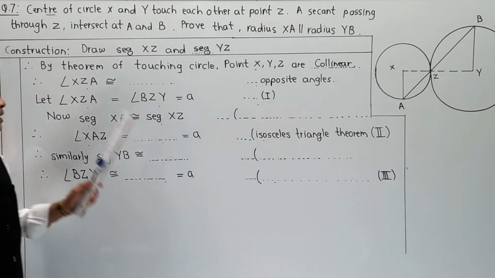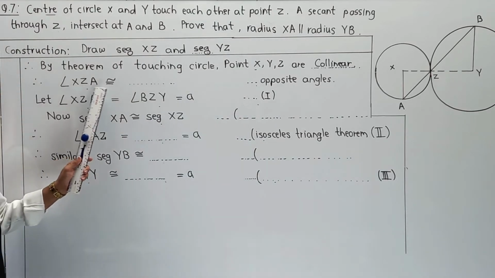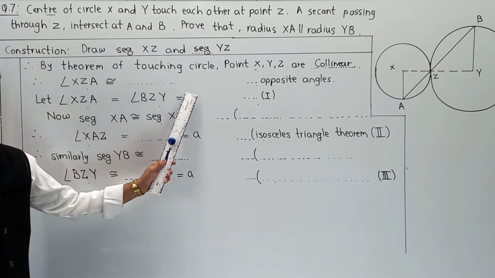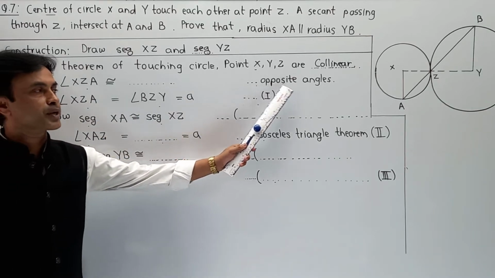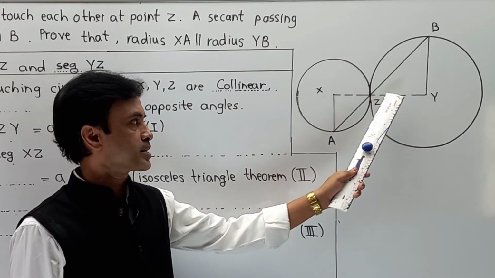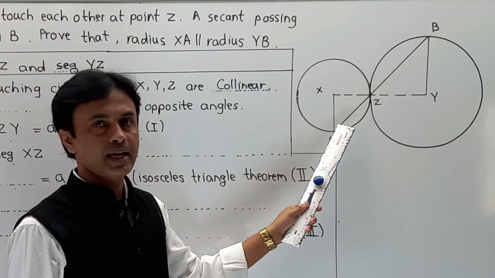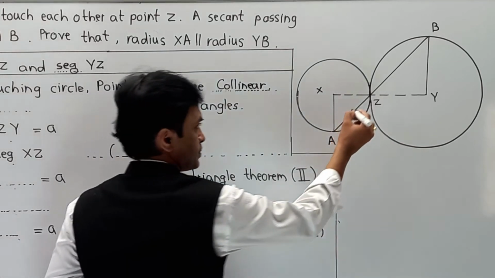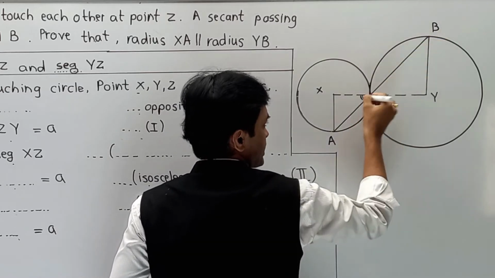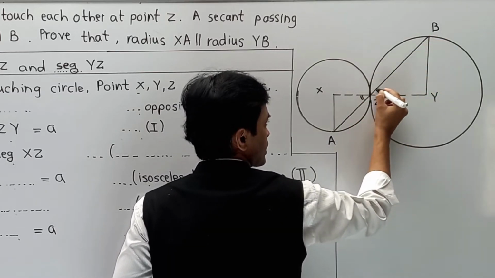Now coming to the part, therefore angle XZA is congruent to, they have given the fill in the blanks and the reason they have given is opposite angle. So remember from the diagram, XZA is the angle over here. Naturally, its vertically opposite angle is BZY, which is over here.